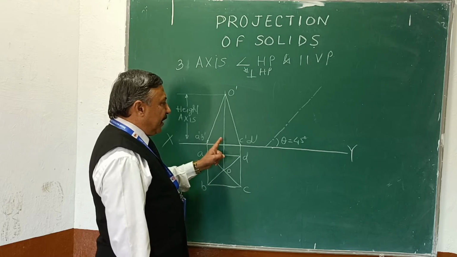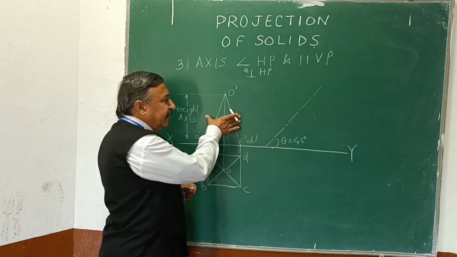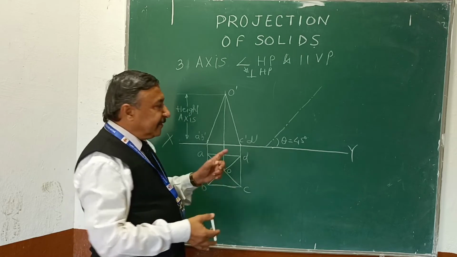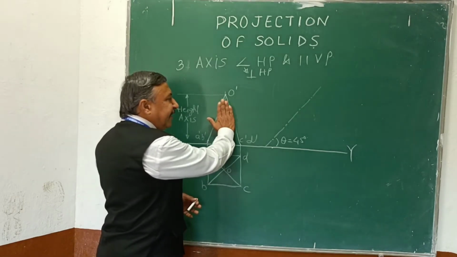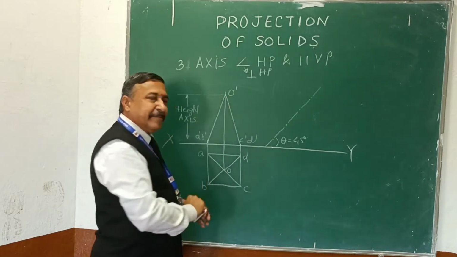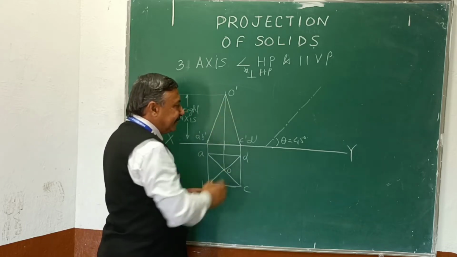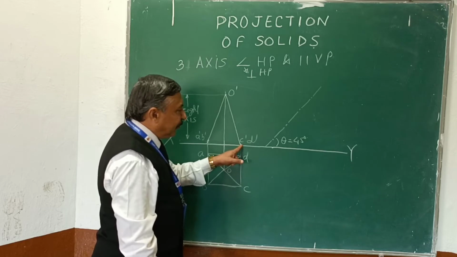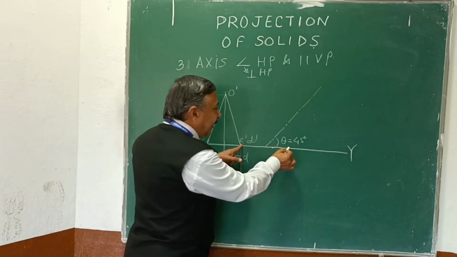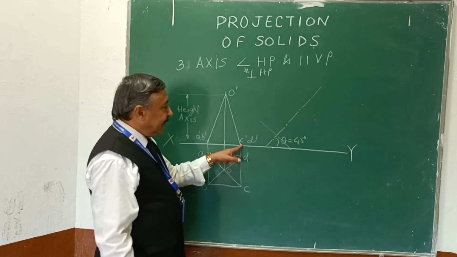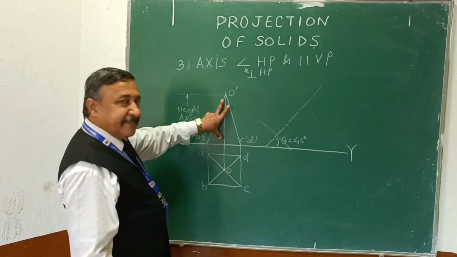Now how do we draw this solid about this axis such that it tilts like this? When it tilts like this, the corner is on XY. This is the length of the axis.